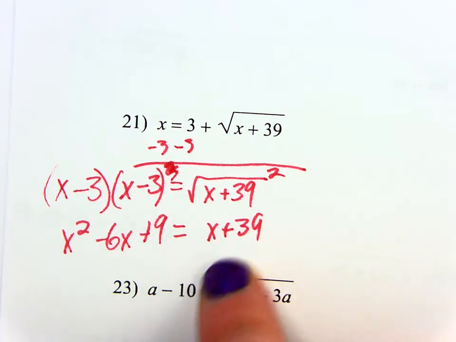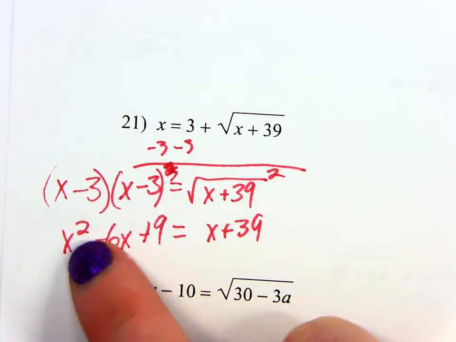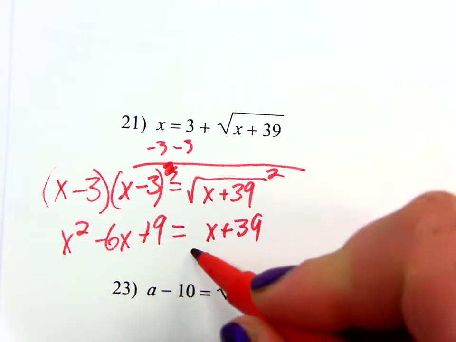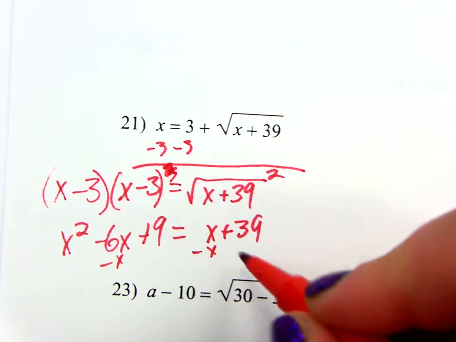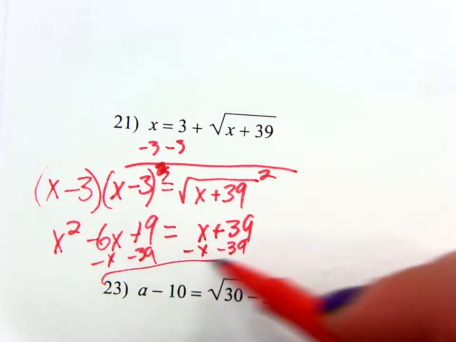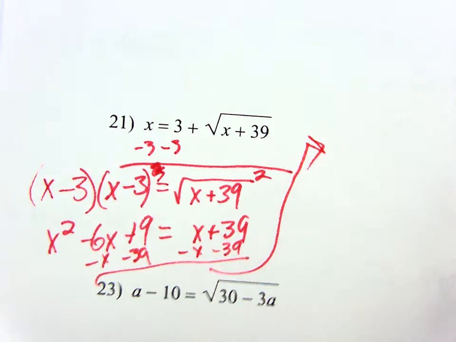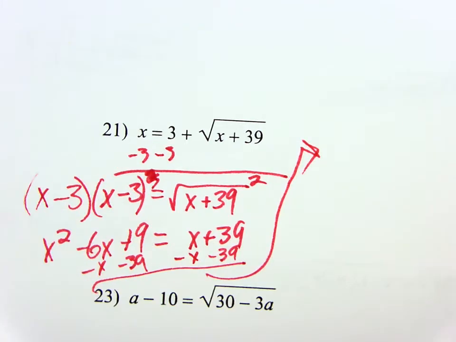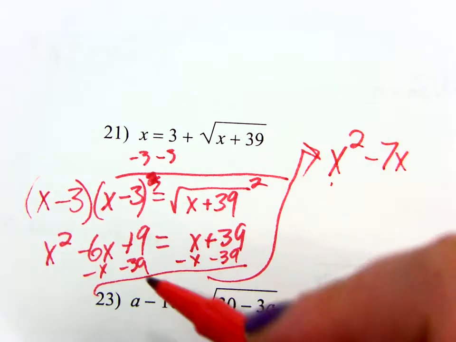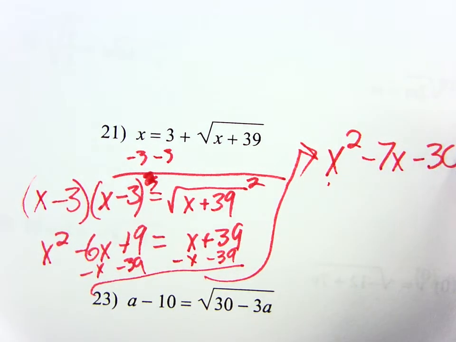Yeah, I'd minus these two to this side, because you want to keep your x squared positive, right? You always want to keep that x squared positive. So it's minus x, and we'll minus 39. So now, I don't have a lot of room, but I'll write it over here. That gets me x squared minus 7x minus 30, right? Equals 0.